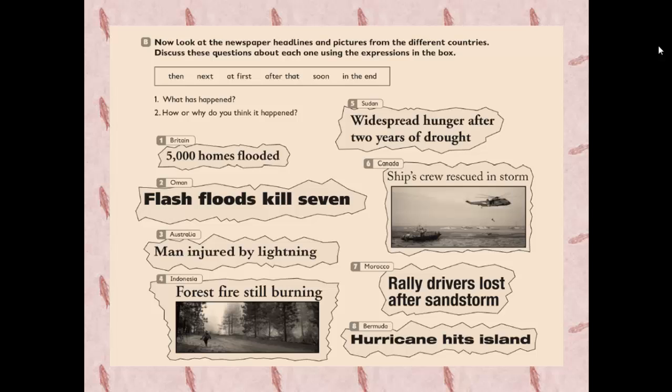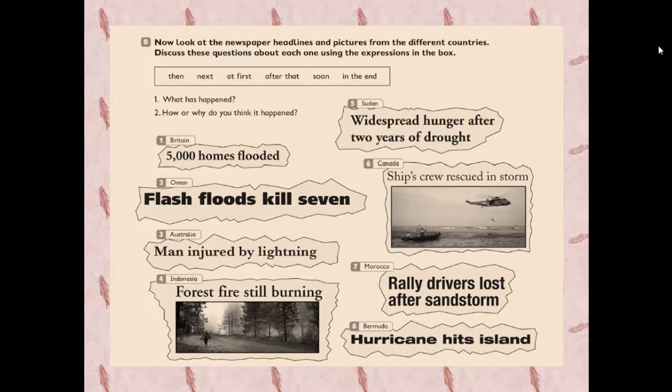You can look at the pictures, my dear students, and you can also look at the headlines of the newspaper. After looking, we can get the answers.